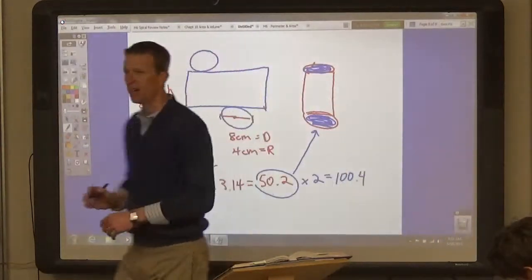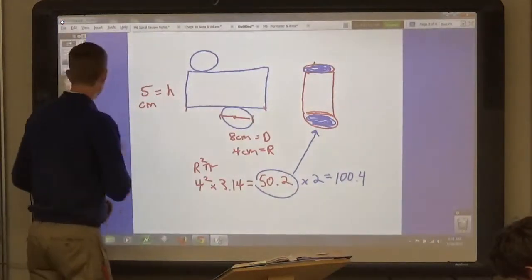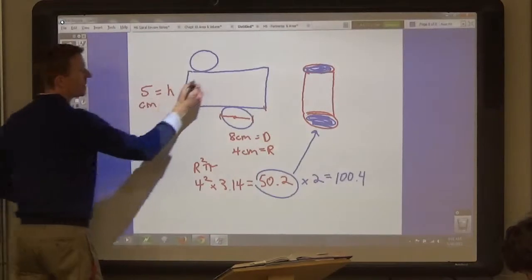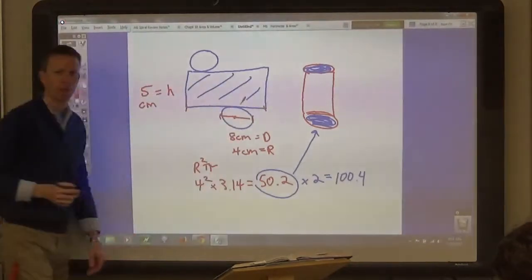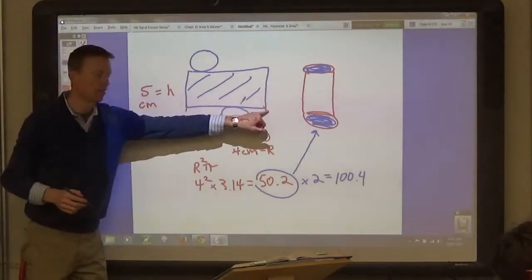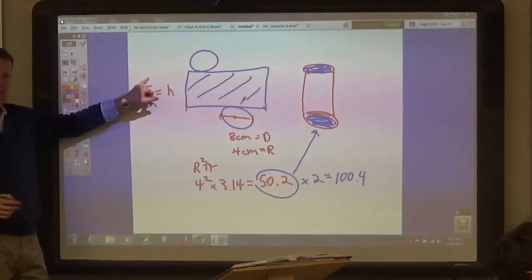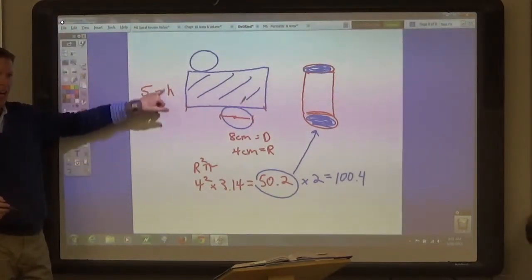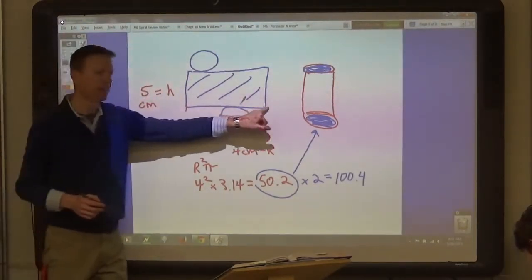Okay? Now, in order to get the area of this piece, we need the base and the height, right? We have the height. How are we going to get the base?